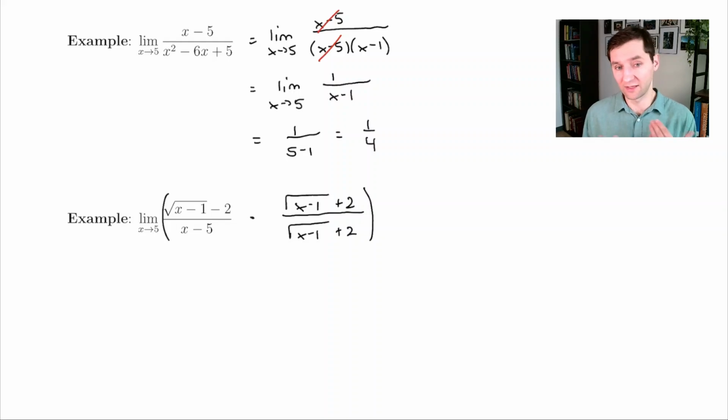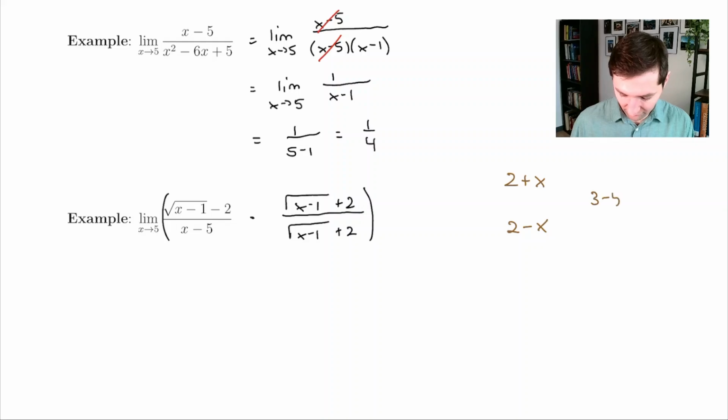Just an explanation why it's called a conjugate. If you have an expression 2 plus x, the conjugate of that expression is 2 minus x. If I give you an expression 3 minus 5, the conjugate of this expression is 3 plus 5. So a conjugate of an expression is two terms with a different sign in between them.